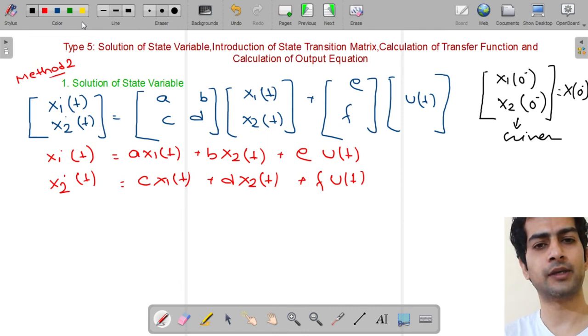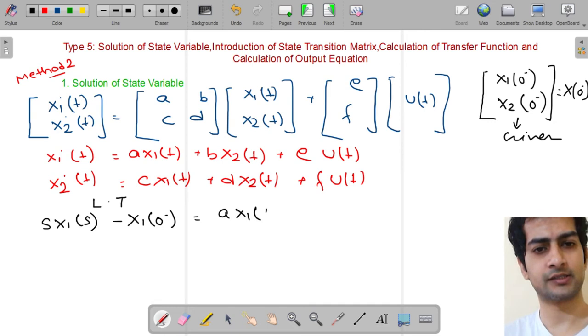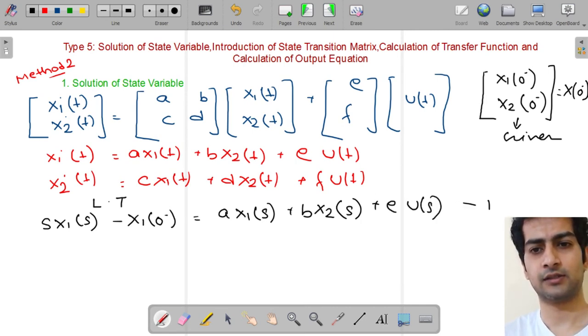Now see what will be our next step. Suppose we take Laplace transform of both these equations. What we will get? We will get something like s x1(s) minus initial condition, and here we will get something like this: x2(s), u(s). Suppose it is equation 1.